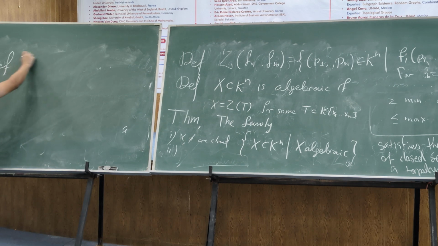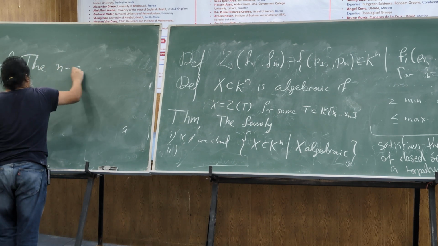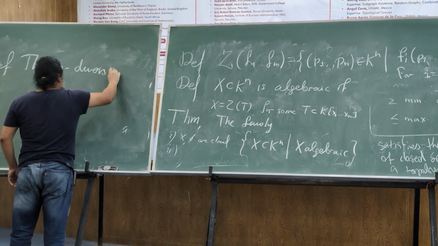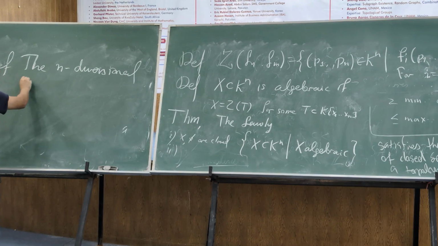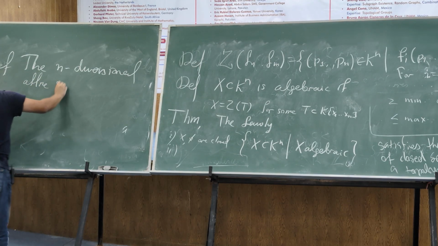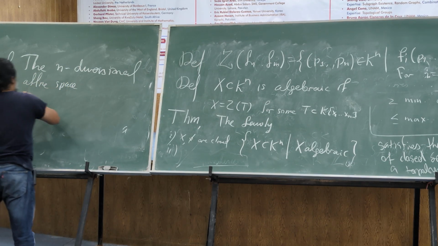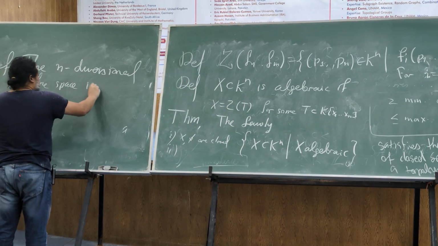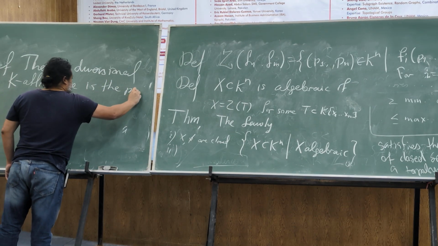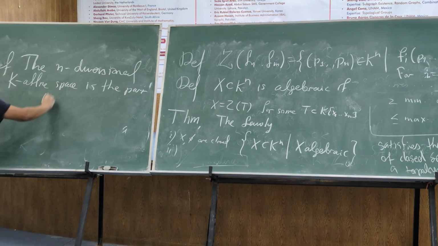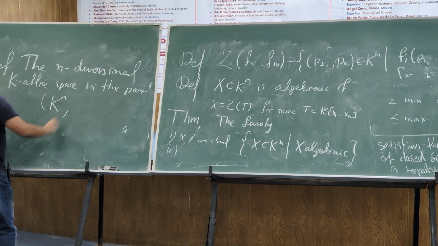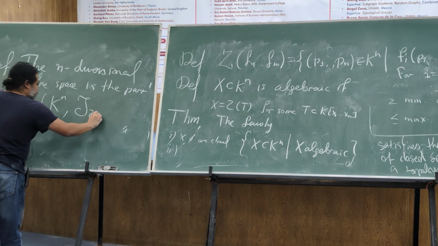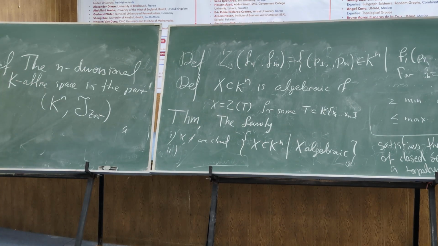Definition, the n-dimensional affine space, or K-affine space if I want to specify the field, is the pair K to the n and the topology that I have just introduced.